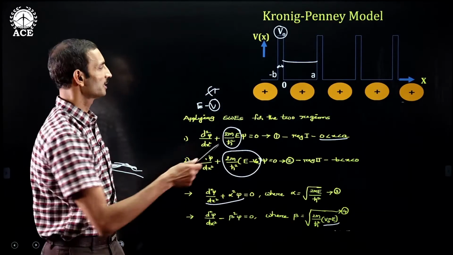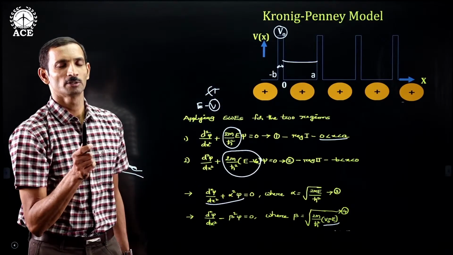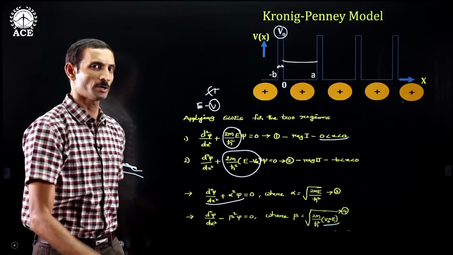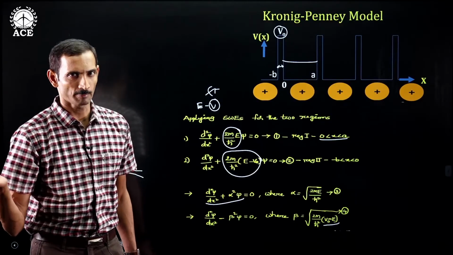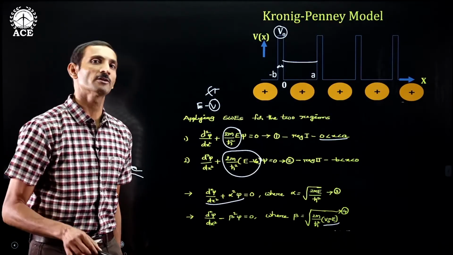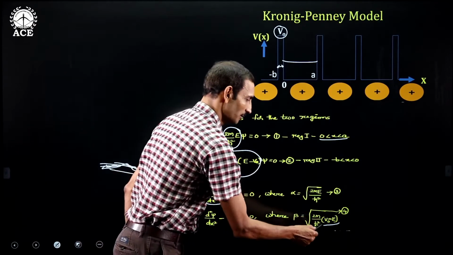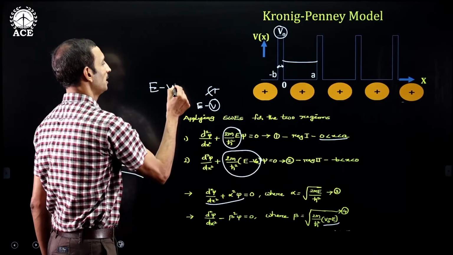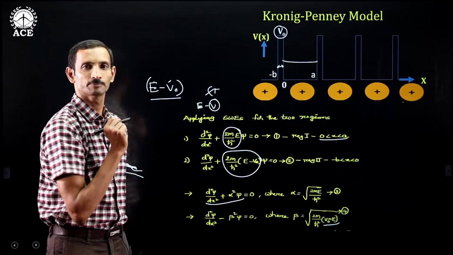This V naught is nothing but the potential energy for the electron, which is due to the lattice imparting to the electron, which would be quite higher compared to the total energy of the electron, which happens to be E. So if you write it as E minus V naught in the square root, this is a negative value because E is smaller than V naught.